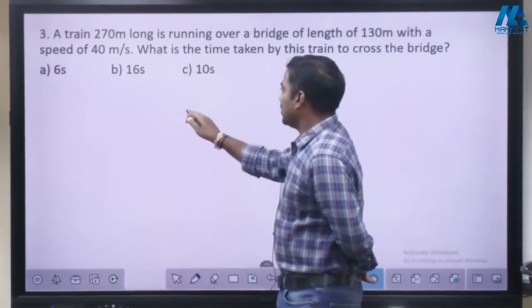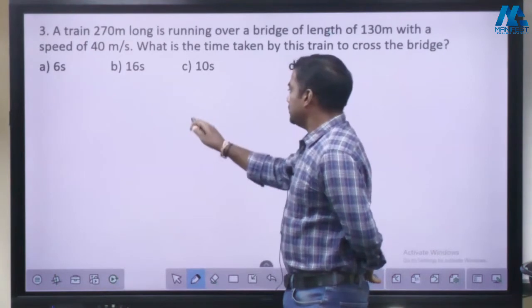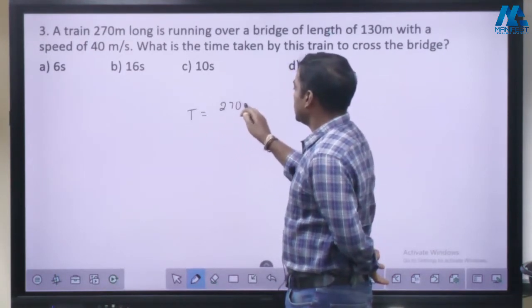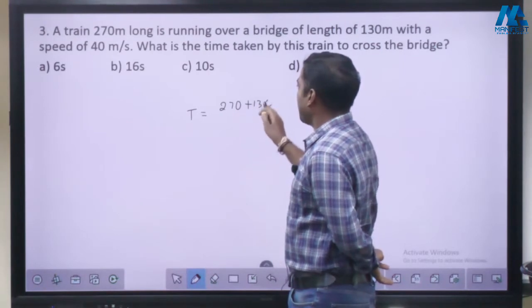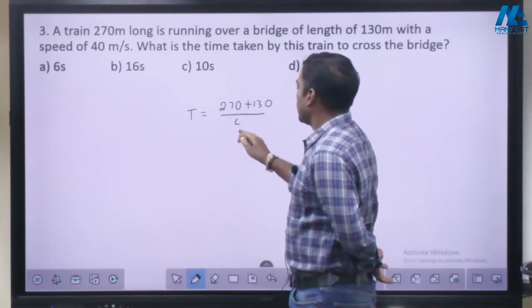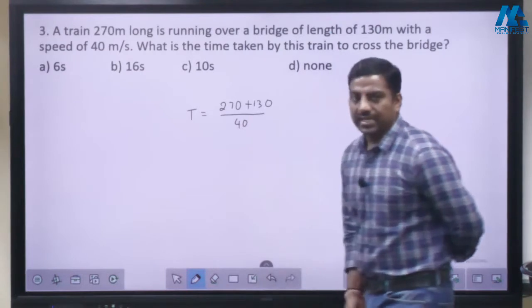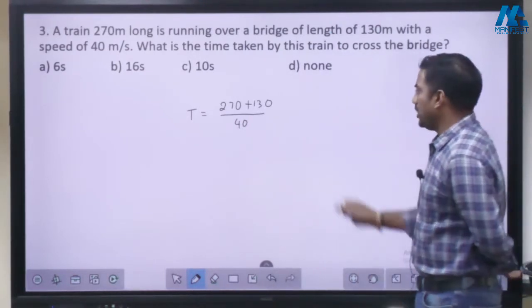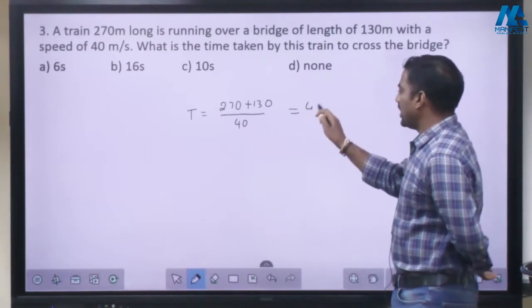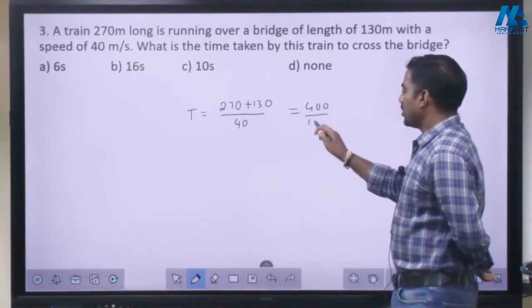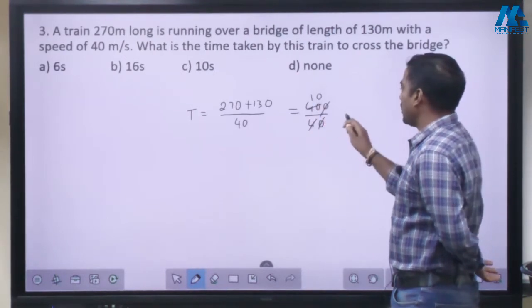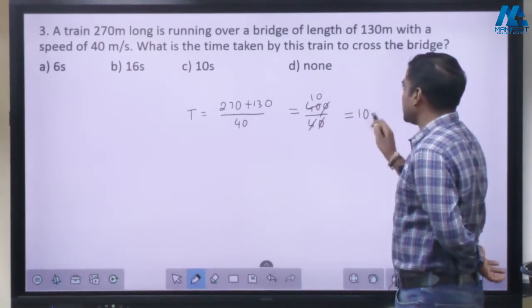So time taken will be 270 plus 130 divided by 40. Anyways, it is in meter per second. No need to convert. So this will become 400 divided by 40. 0, 0 get cancelled. 4 ones are 4, 4 tens are 40. So it would require 10 seconds to cross this bridge.